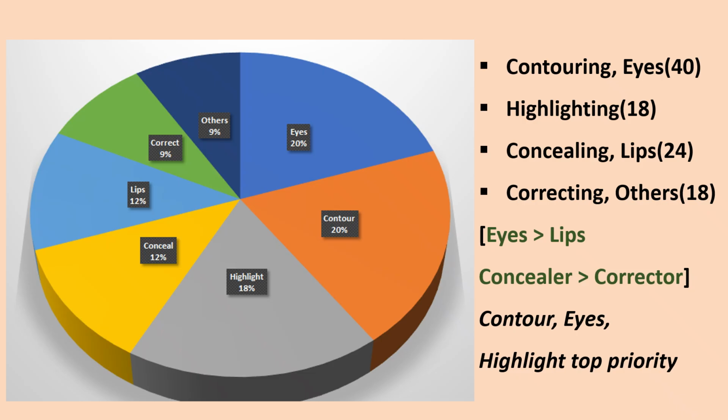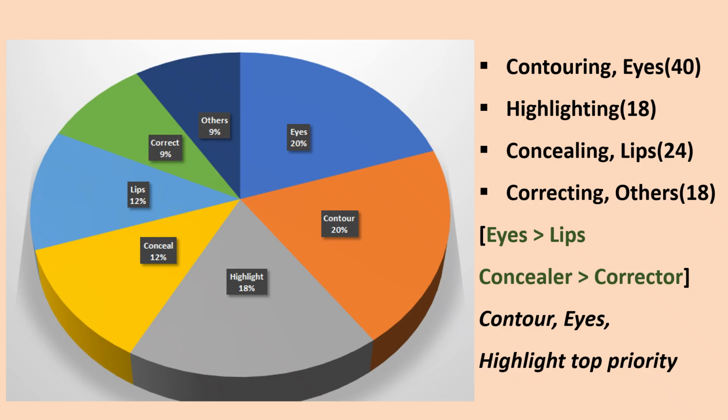Concealer, more liberal application. But this will give rise to another problem, particularly for beginners, and that we will discuss now. Now, what's the problem? Concealer is more important than corrector, but when actually you do the makeup, you first apply corrector, then foundation, then concealer. Right?